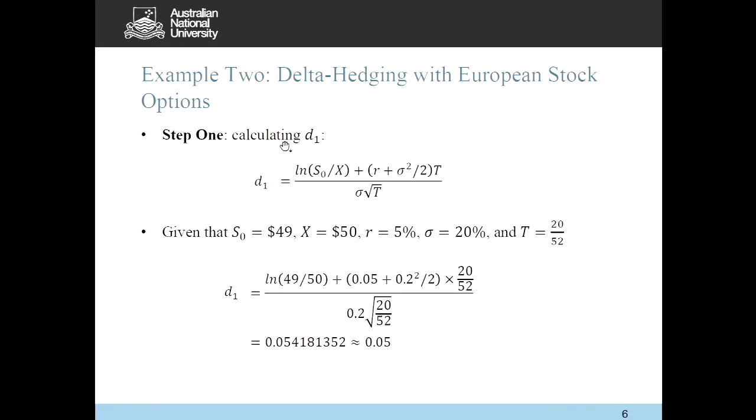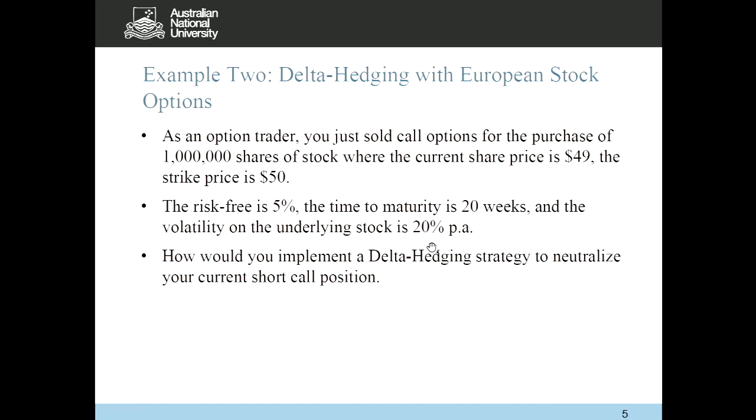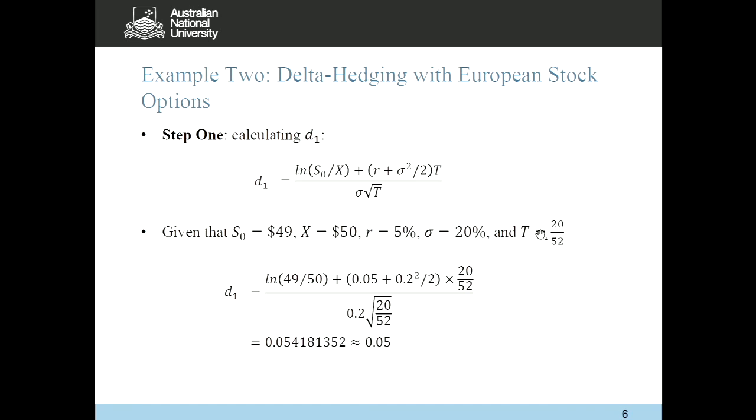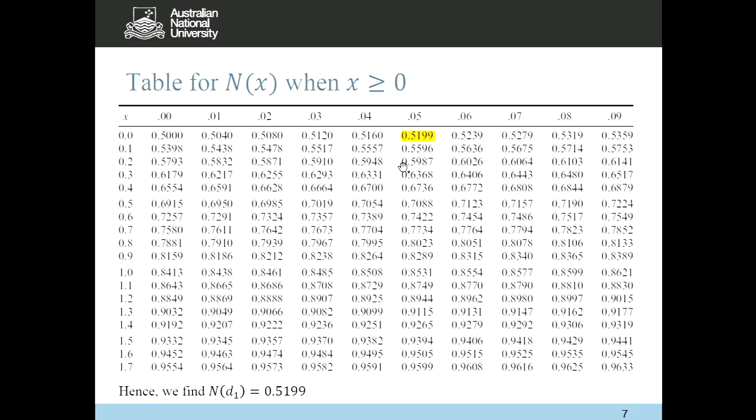So that's your regular d1 formula. We know the spot price is 49, strike price is 50, plus the risk-free rate 5%, plus the variance divided by 2, times time to maturity, then divided by sigma times the square root of 20 over 52, because it's weeks. There are 52 weeks in a year and it matures in 20 weeks' time. So we work out d1 is 0.05. We go to our table and find the corresponding N(d1), 0.5199, so we write it down.